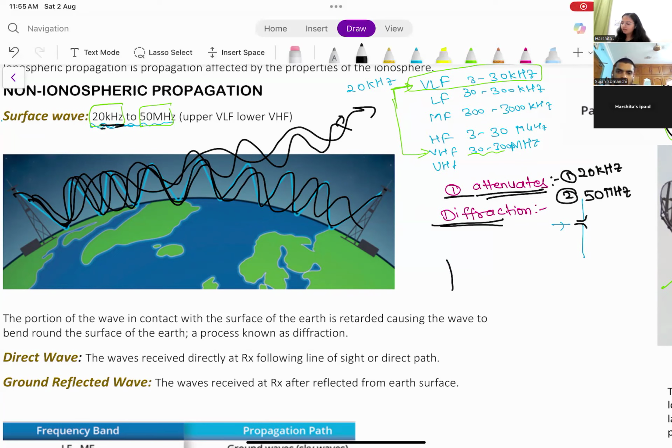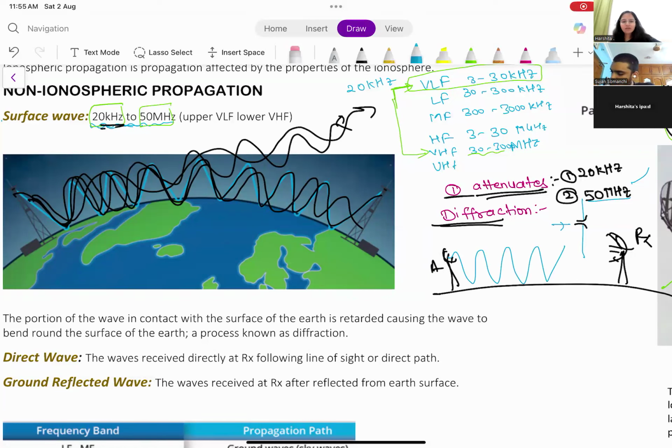This is point A, this is point B. Perfect, 50 megahertz. Yes, you said it correct. 50 megahertz will be attenuated more.